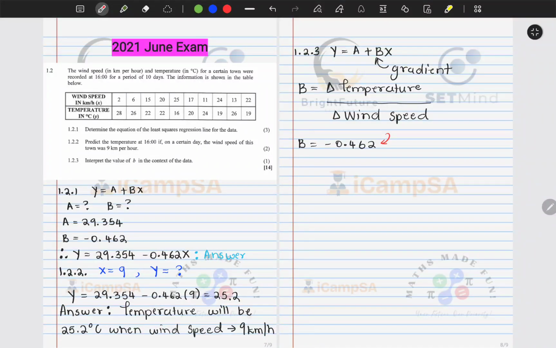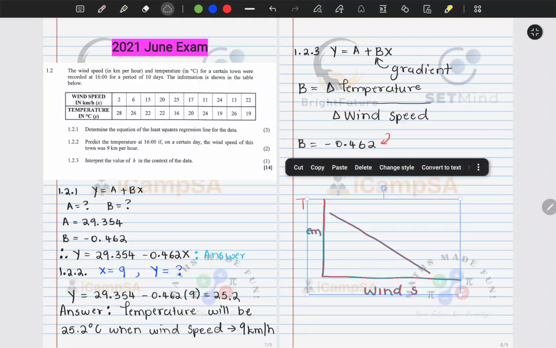So let me think carefully. On the horizontal axis, what we have is wind speed, and then on the vertical axis, what we have is temperature. So because we have a negative there, that means our graph looks like this. So it means as speed increases, our temperature decreases. So yeah, that should be our analysis here.